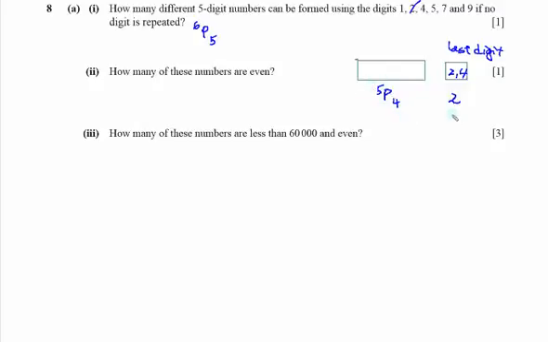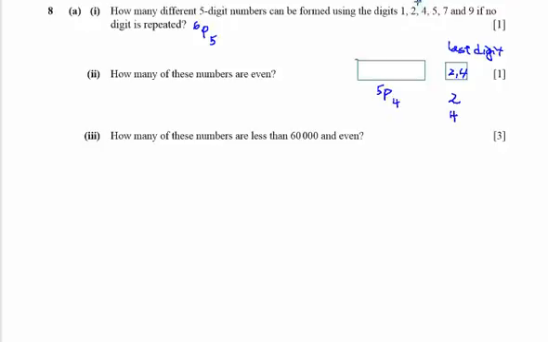Now if you put 4 as the last digit, again it's the same thing. You have 5 remaining digits, and you're going to select the first 4 digits of the number.